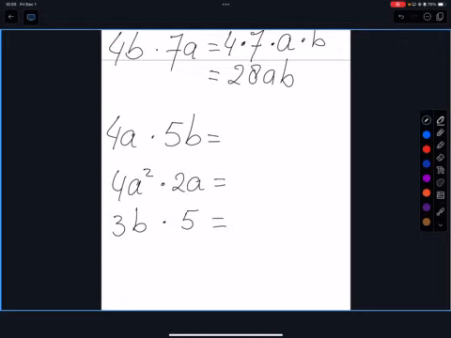Something like this should take you not more than 2 minutes. Remember, we're not focused on the answer. Oh, the answer is that. What are you doing in order to get to the answer?